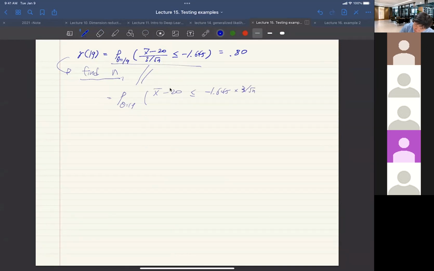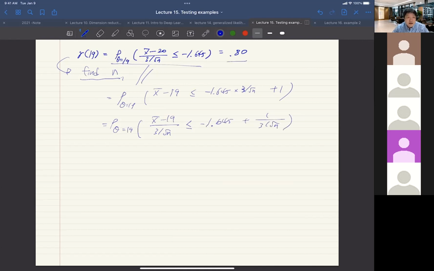And since the mean is 19, we add 1, and we divide by the same number, the sigma part, x bar minus 19 over 3 over square root of n. So we divide by 3 over square root of n: minus 1.645 plus 1 over 3 over square root of n. And we want this to be 0.80.